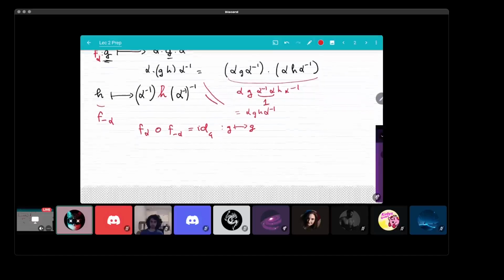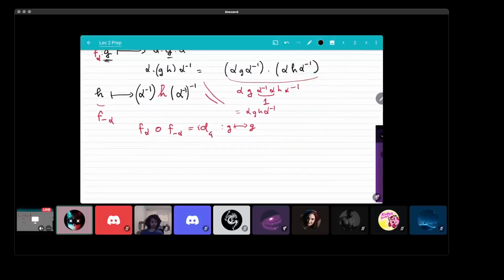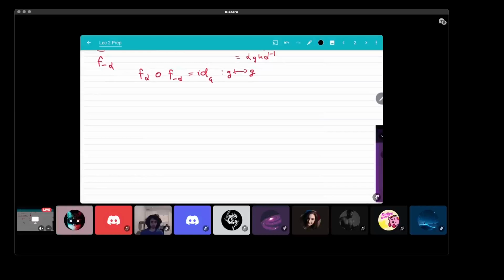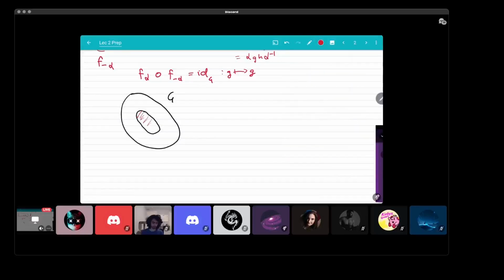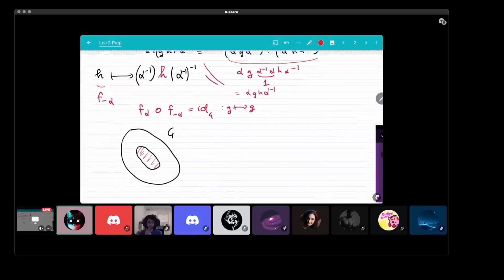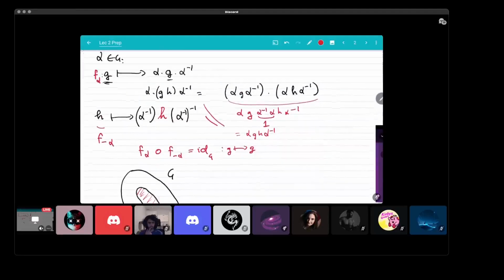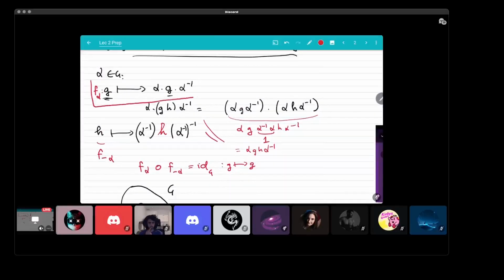A few properties related to the normal subgroups and center of a group. If we have a group, a normal subgroup and an automorphism, the inner automorphism precisely, this is called an inner automorphism.